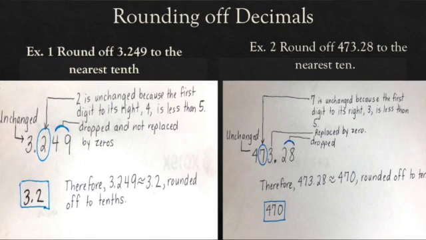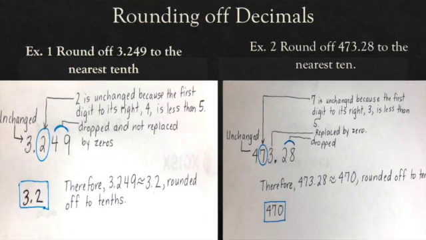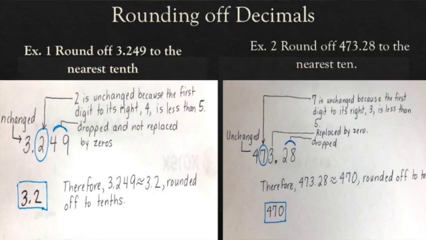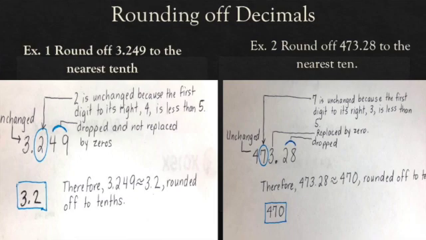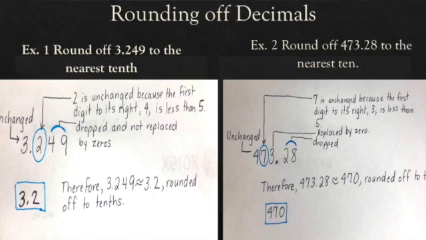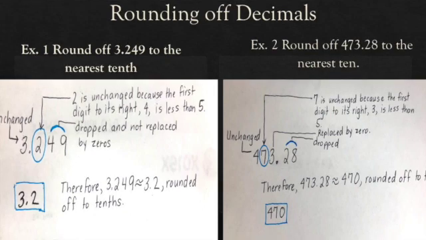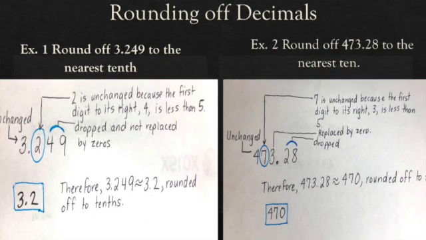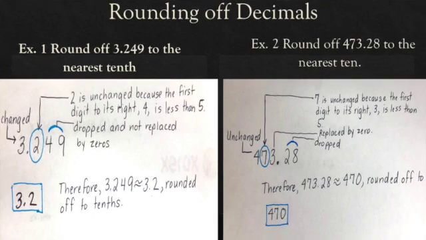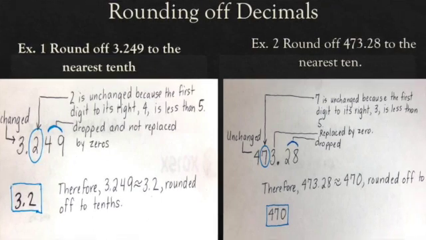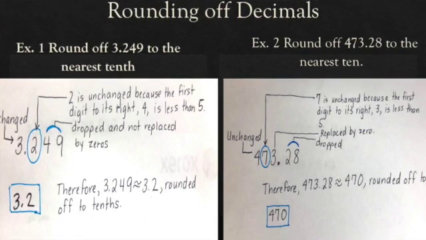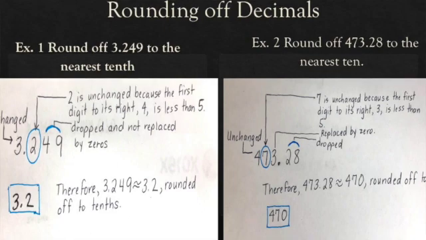In example 2, when we round off 473 and 28 hundredths to the nearest 10. Now this is a place that is to the left of the decimal. Okay, this is something that you have done in a previous chapter. So you can highlight, circle the number that you're rounding. You are rounding the number 7. That means you are going to look to the right, and that is a number 3.